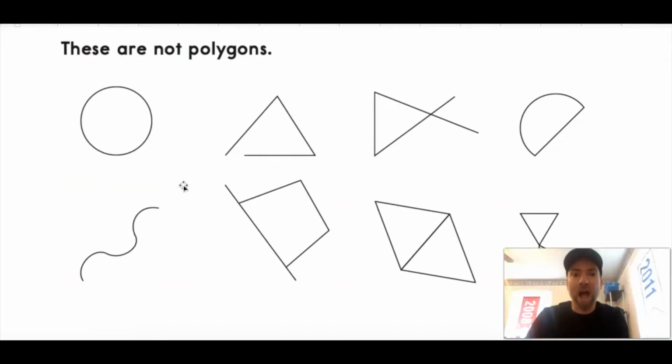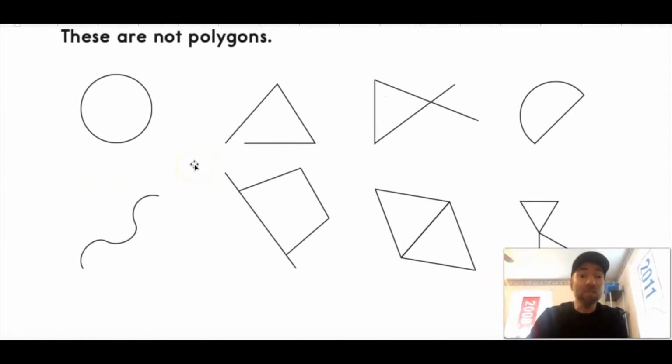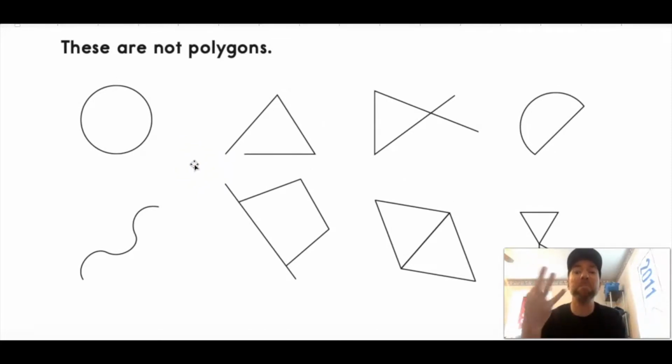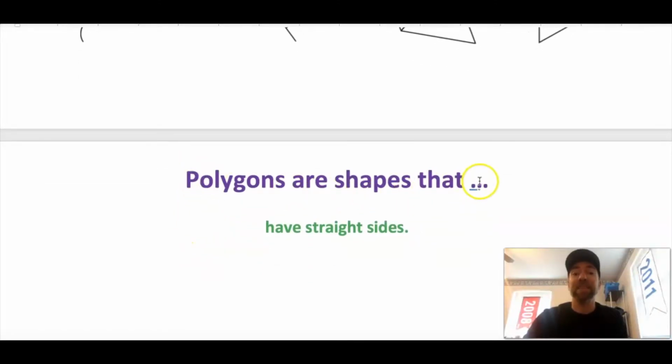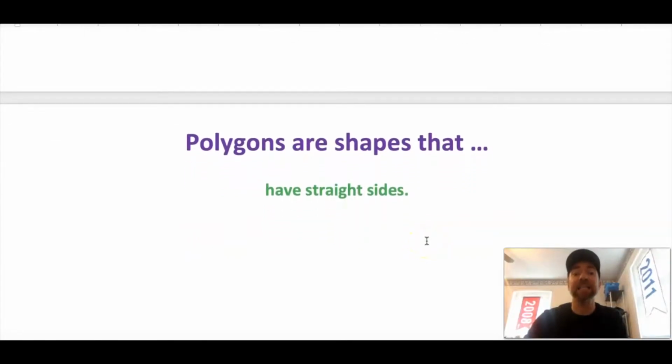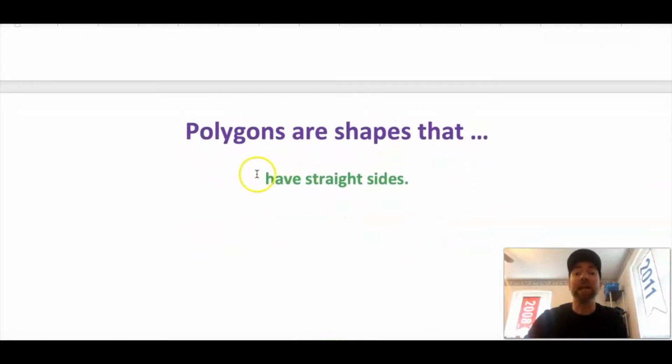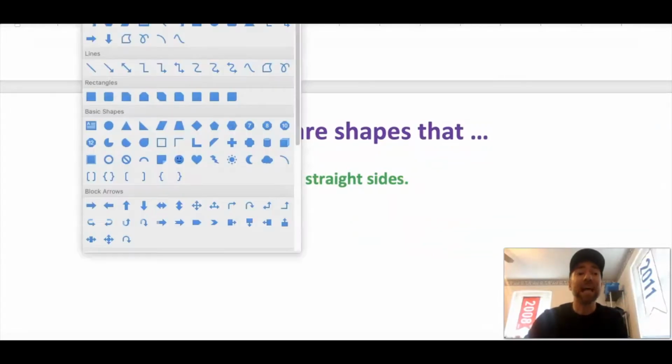These are not polygons. Well, polygons have 3 big rules to them. Polygons are shapes that have straight sides. So all polygons must have straight sides.